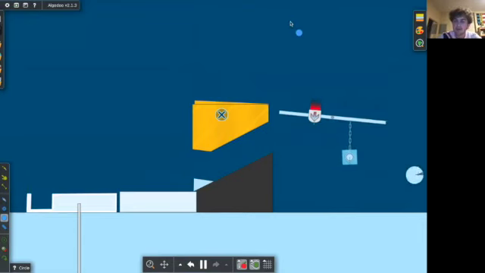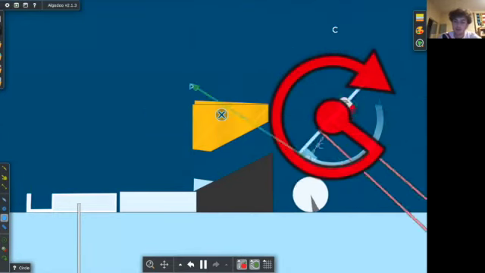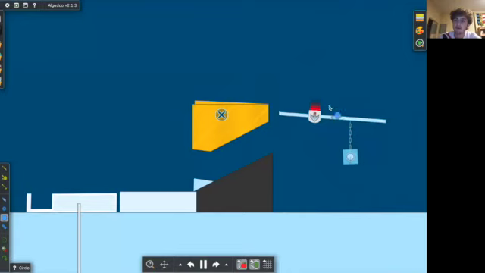But if it enters with not enough momentum, the torque is too strong, and it doesn't allow the ball to then roll down this slope right here.